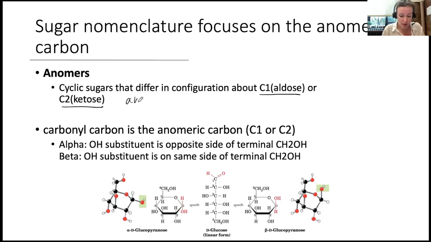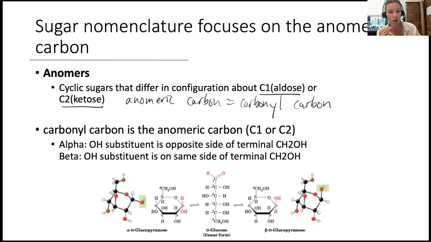And so the anomeric carbon in the linear structure would have been the carbonyl carbon. And we can see that on the bottom because I've shown us both the linear and the cyclic versions.